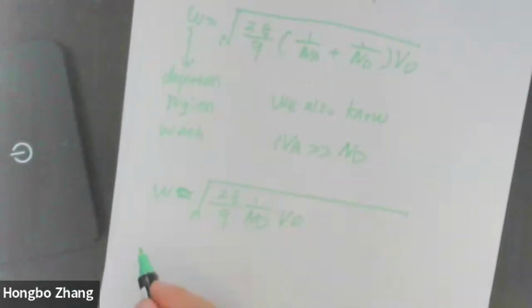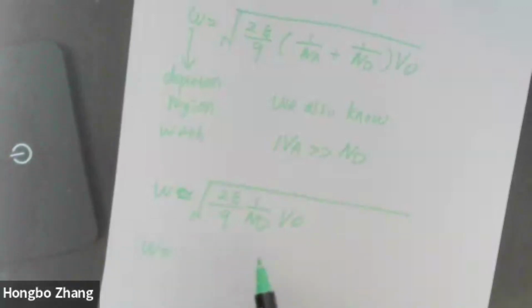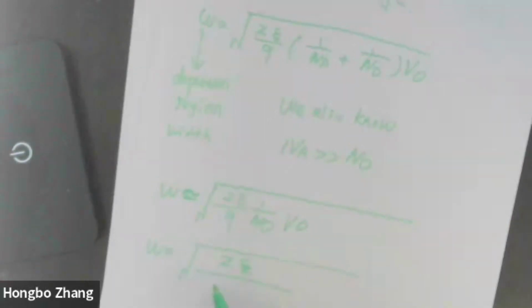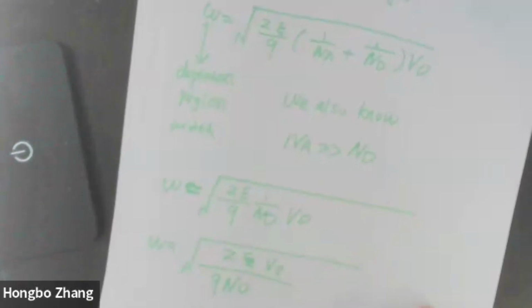And W therefore is the square root of 2 times the permittivity times Q, ND, VO.